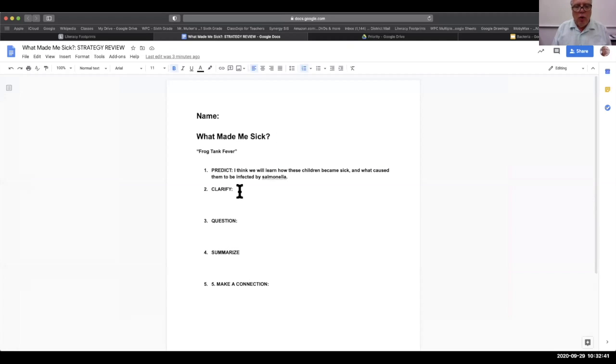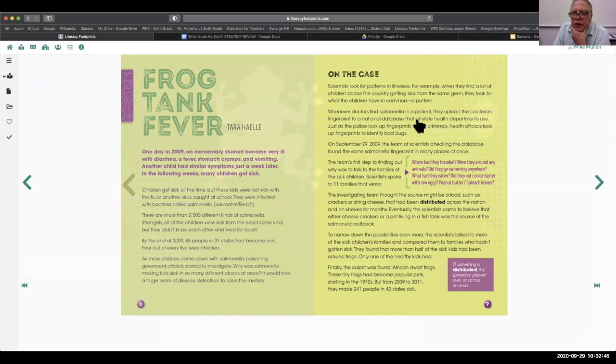Clarify. Well, one question I have when I look at this is this one word. I don't understand what this word means. Database. So maybe what I need to do, because it seems to indicate that whatever this word means, it's a tool that's used by state health departments to identify sicknesses.